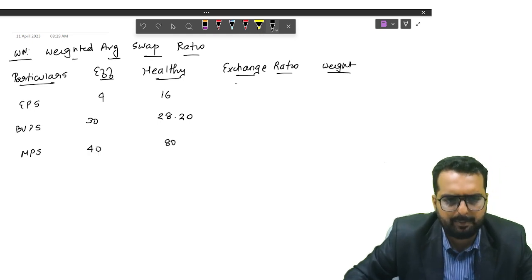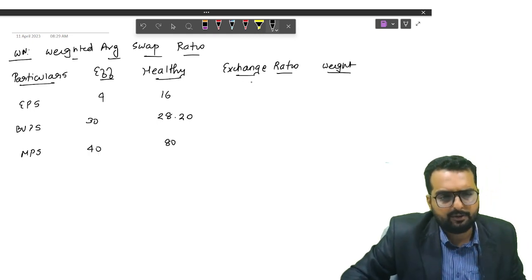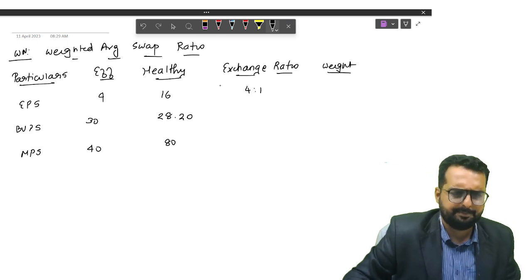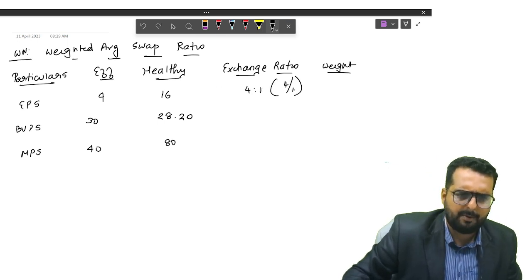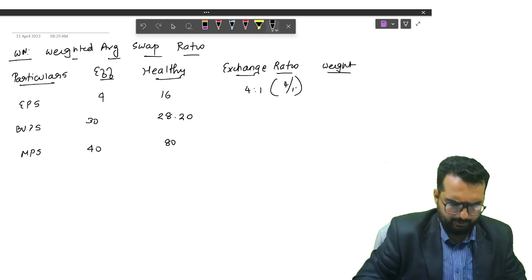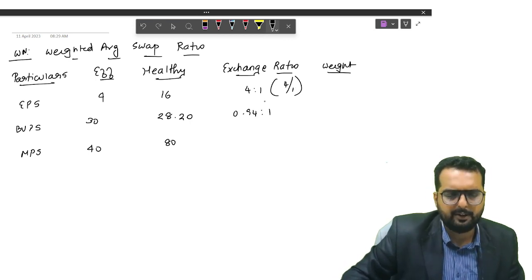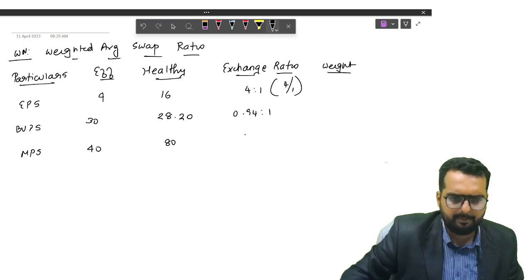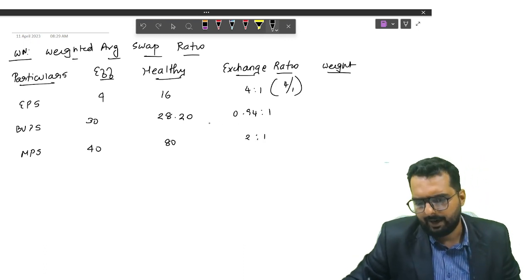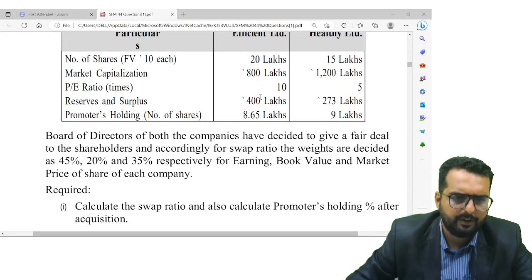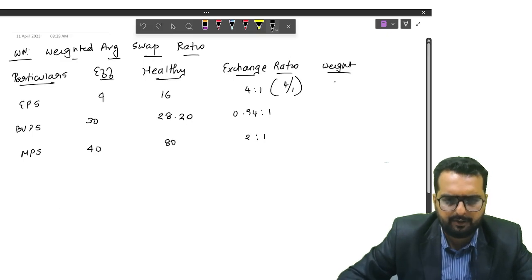So what will be the exchange ratio based on the first one? 16 is to 4, or 4 is to 1, which we can also denote as 4 by 1. Second one would be 28.2 divided by 30, which is 0.94 is to 1. And the last one will be 2 is to 1. Am I right? Alright. What are the weights they have told over here? 45, 20, 35.